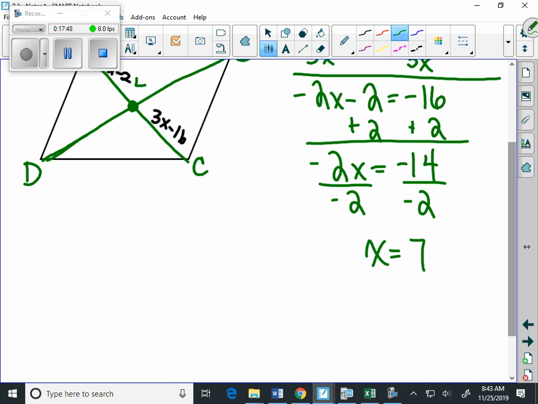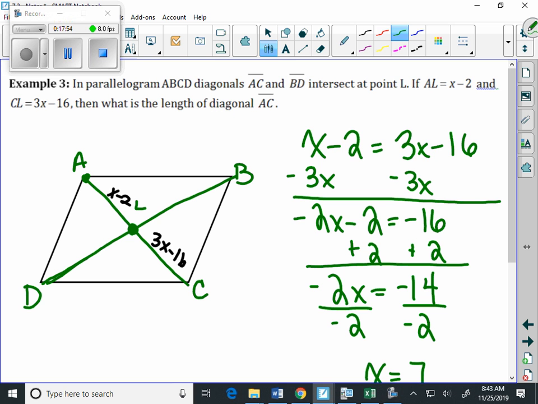The thing is, we're not looking for x. Look back at what the problem says. It says we want to know what the length of AC is. Well, what we just found is that 7 minus 2, that length, is 5. I put the 7 back in here for the x. 7 minus 2 equals 5.